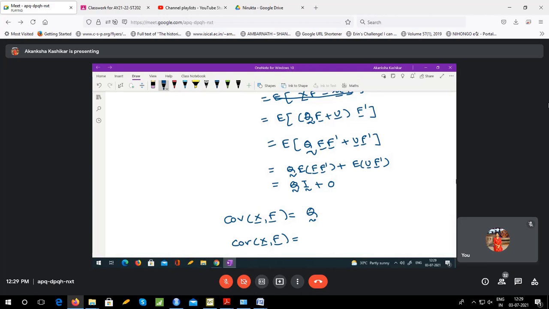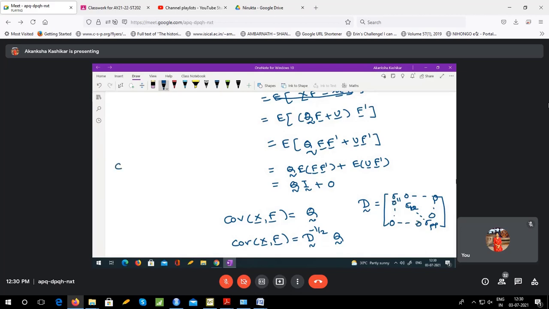So if I do that here, I need to construct a diagonal matrix D raised to minus half Q. From where does this come? D is a matrix whose diagonal entries are sigma 11, sigma 22, up to sigma pp, which are nothing but variances of individual x_i's. What have I done and why have I done it?